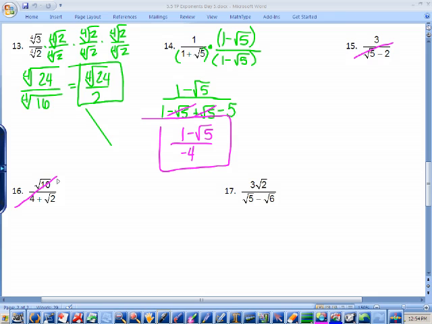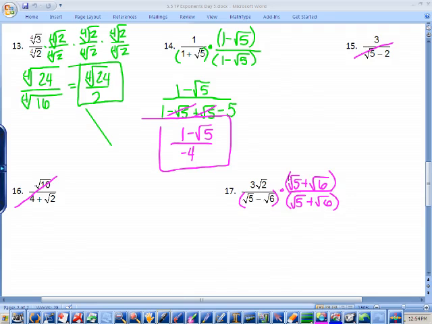We're going to go on to number 17. 3 root 2 over root 5 minus root 6. What am I going to do here? Okay, and what would the conjugate be in this case? Good. I like to put parentheses to help me remember that these all need to be distributed.